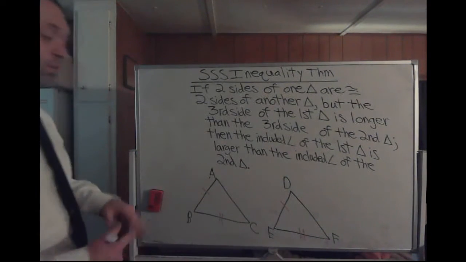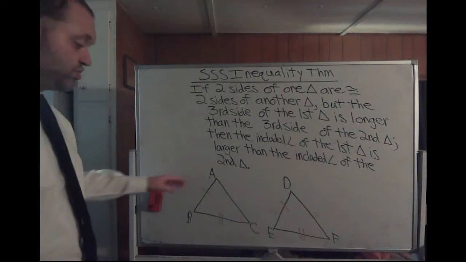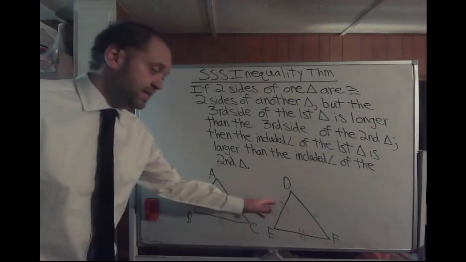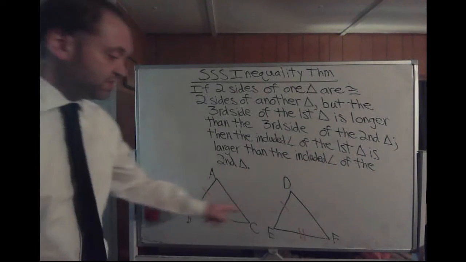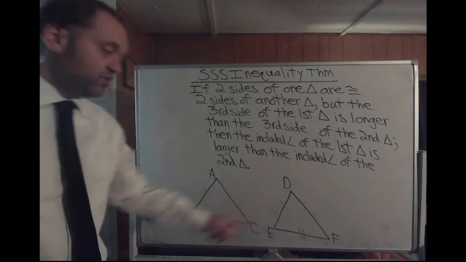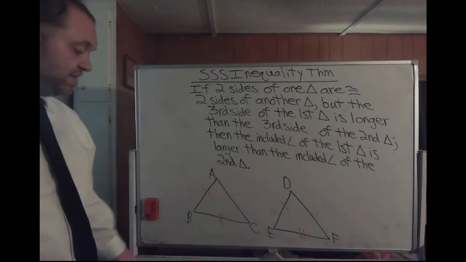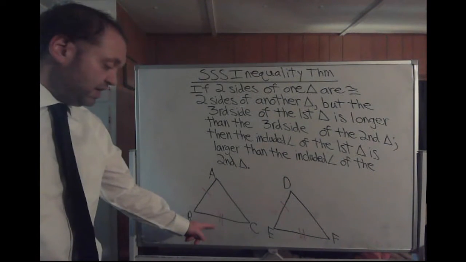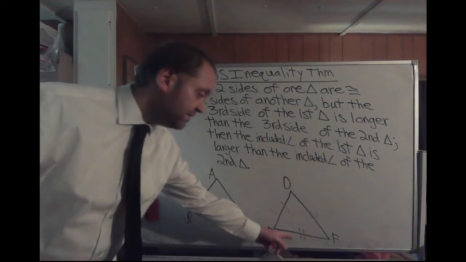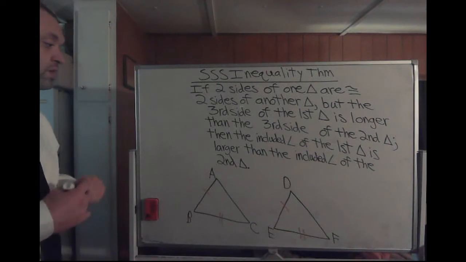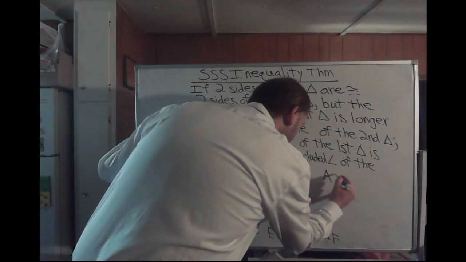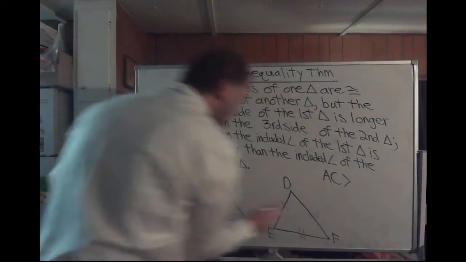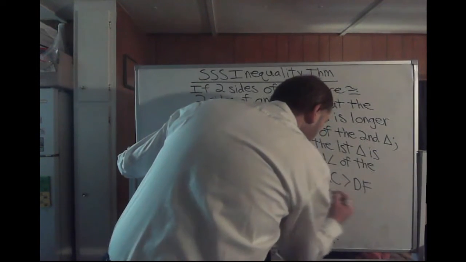So once again, to illustrate this, we have triangles ABC and then DEF. We see that side AB of the first triangle is congruent to side DE of the second triangle. We also see that side BC of the first triangle is congruent to side EF of the second triangle. Well, in this particular case, the length of AC of the first triangle is greater than the length of DF of the second triangle.